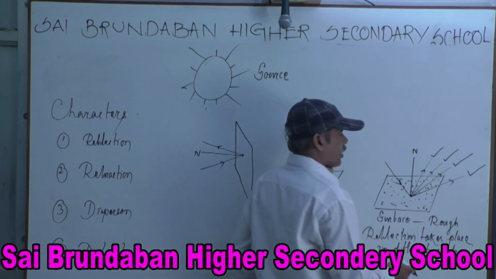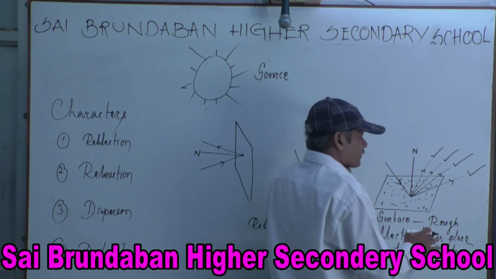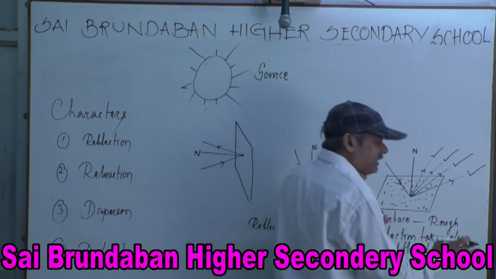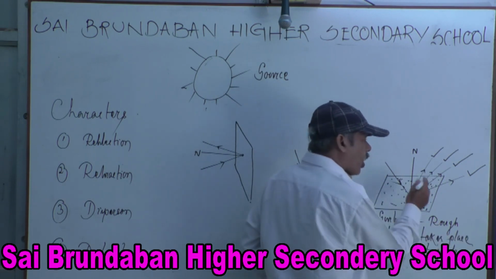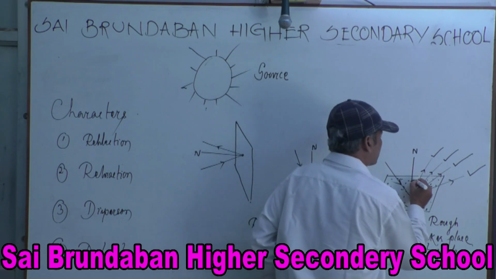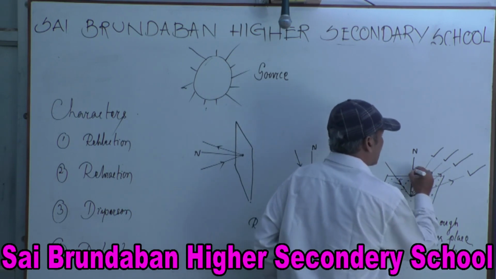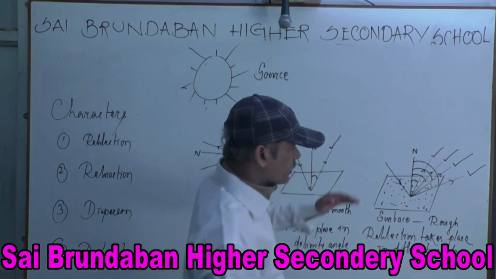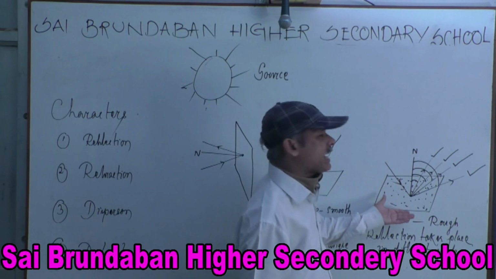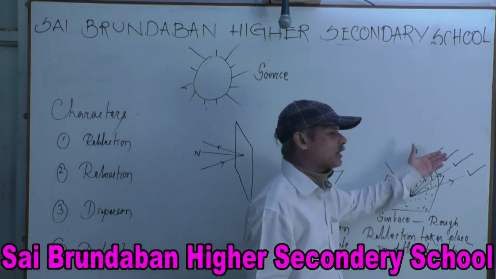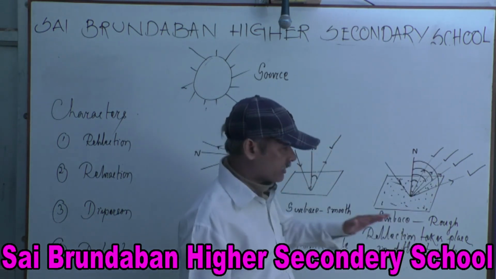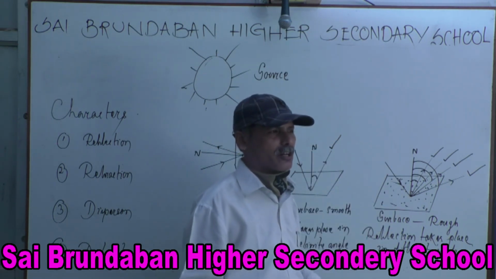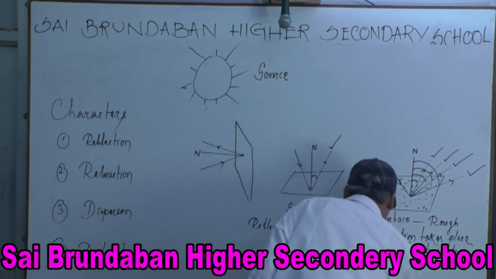So it is indefinite, that means no definite angle of reflection. You cannot predict in which angle the light is reflected back to the same medium. So that's why this particular reflection is called diffuse reflection.